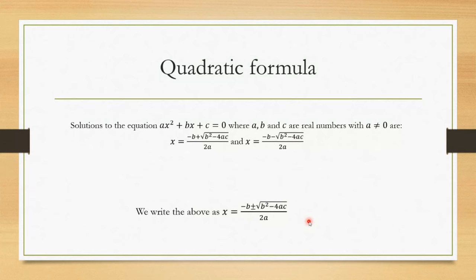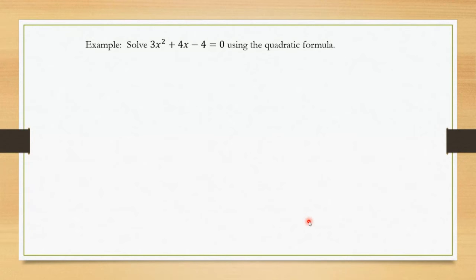Let's do some examples. So here's our first one. We're going to solve that equation using the quadratic formula. Now notice this is already in standard form, right? You have something equal to 0. Okay, so we can use the quadratic formula. We just have to figure out what A, B, and C are. But you can see that by comparing coefficients.